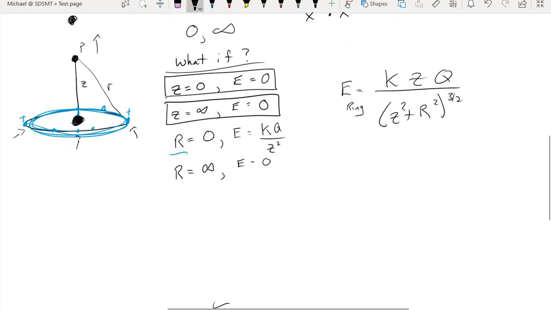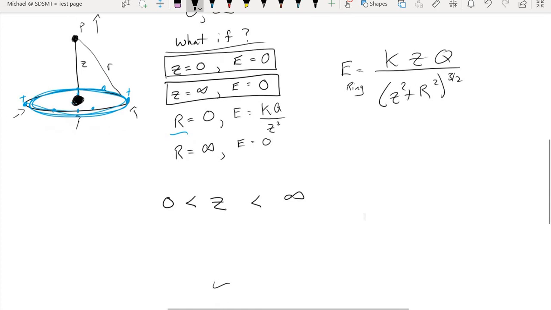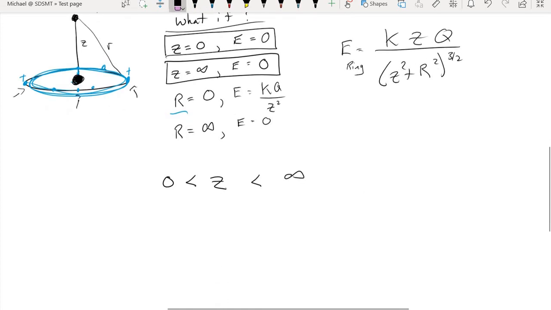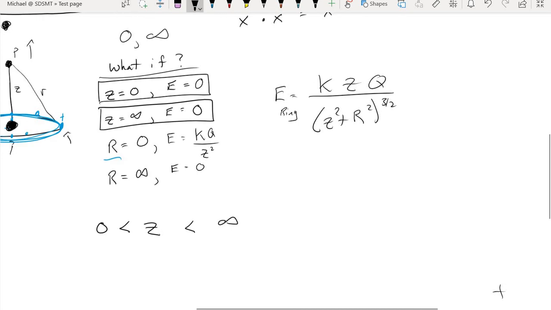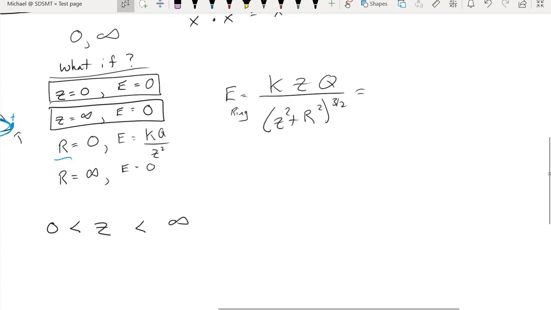So between 0 and infinity, I have 0 at both of those extremes. Does that mean that the electric field is going to be 0 everywhere in between 0 and infinity? And the answer should be, well, no. We can plug some values in here and get some actual finite solutions for the electric field.